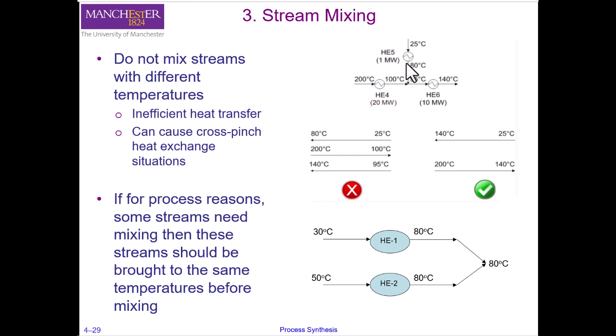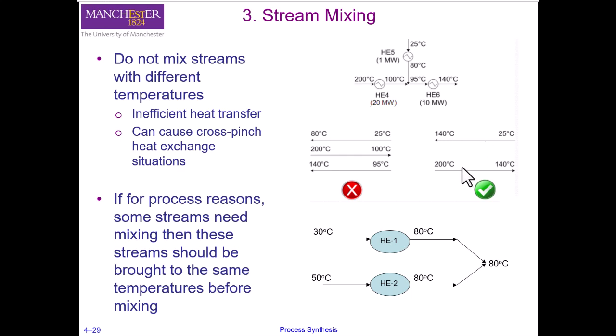We should not actually mix these streams, and we should not extract the data as three different streams. We should treat them as two different streams: one going from 200 degrees centigrade to 140 degrees centigrade, and the other going from 25 degrees centigrade to a target of 140 degrees centigrade. Then we can recover the maximum heat from a hot stream to a cold stream.